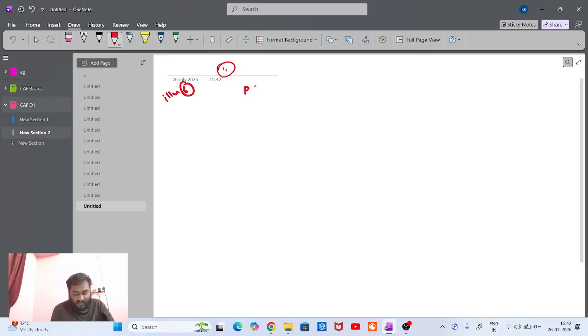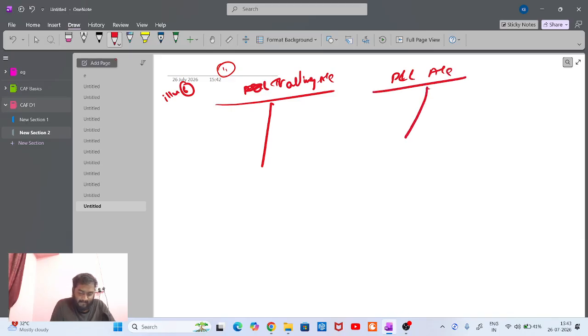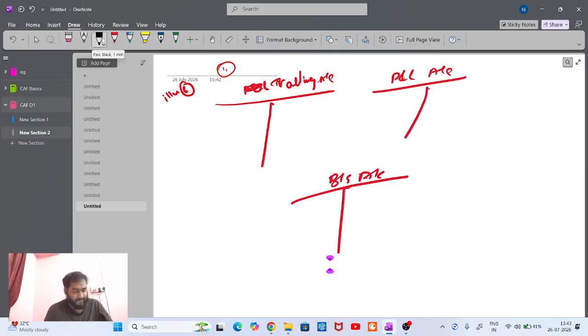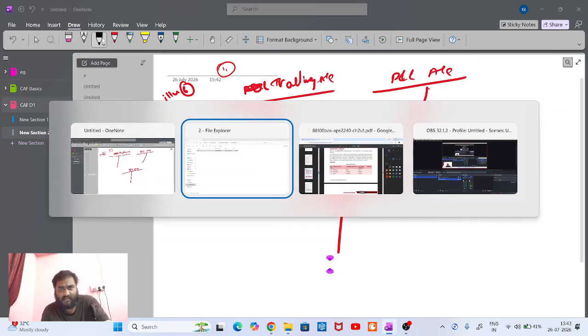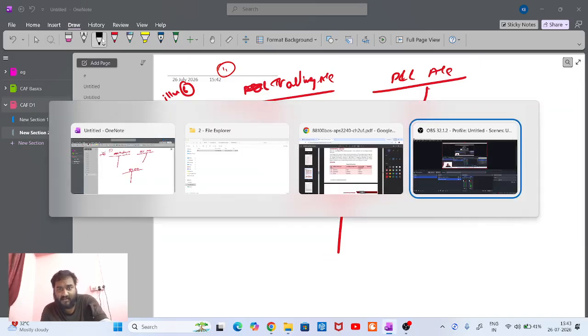Just try the P&L first. Trading account, P&L account, balance sheet account. I will tell you how to roughly solve this.